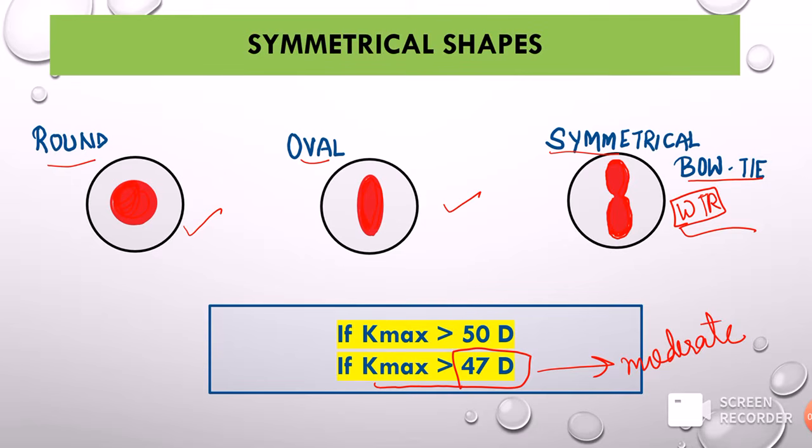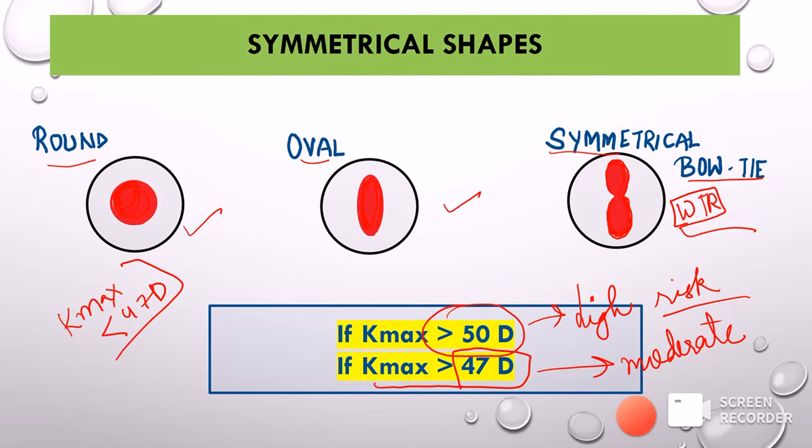Similarly, when the K max is above 50, then definitely there is a very high risk of ectasia. So what I mean to say is that symmetrical shapes are good shapes. They are normal shapes, as long as the K max reading on keratography or topography is less than 47.